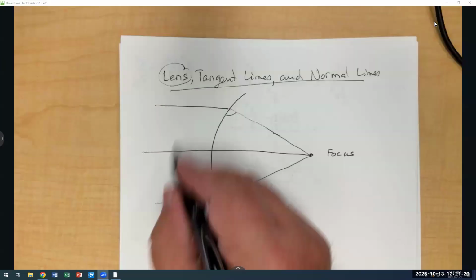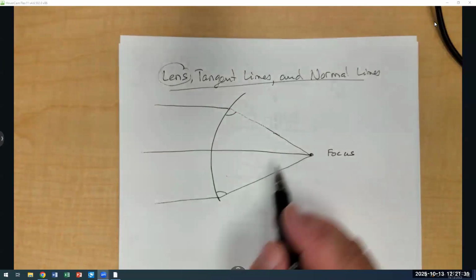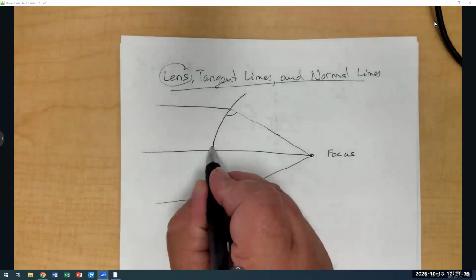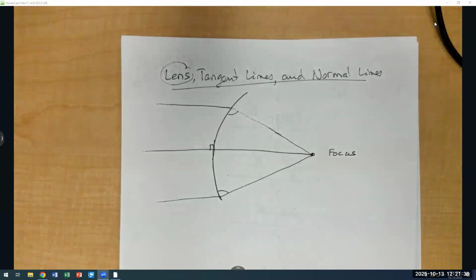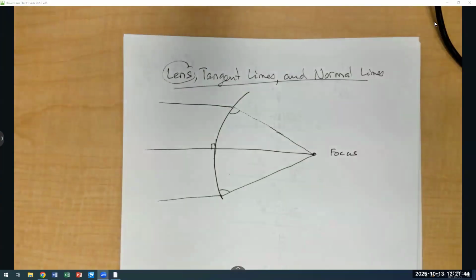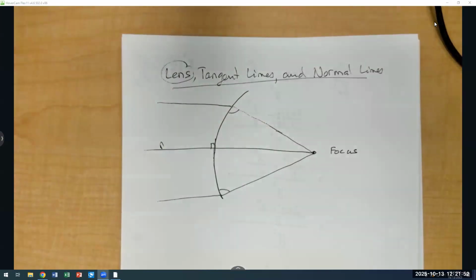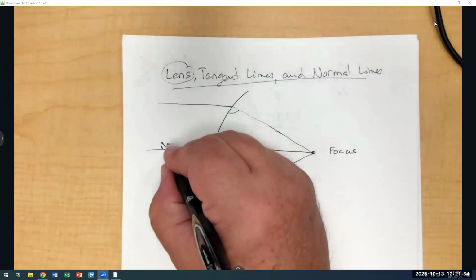So these are the lights coming in, and over there, this line is perpendicular to the lens. If it's perpendicular to the lens, we call that normal.